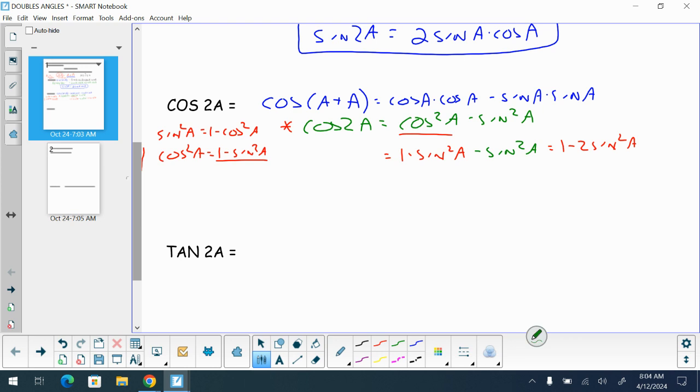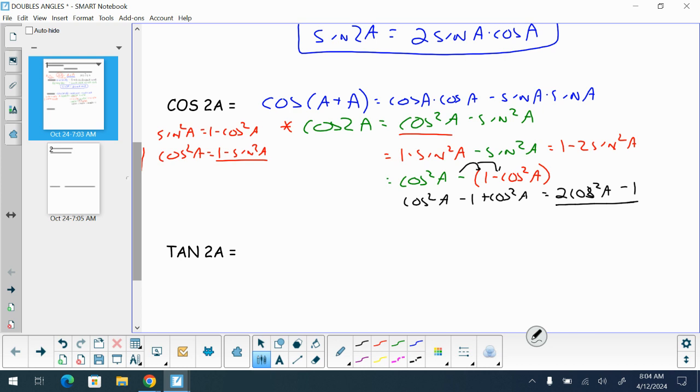So we have cosine squared of A minus 1 minus cosine squared of A. We can distribute the negative through. So we have cosine squared A minus 1 plus another cosine squared. So we come down to 2 cosine squared of A minus 1.